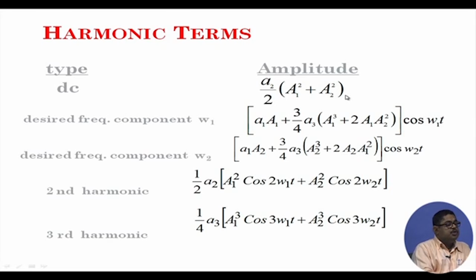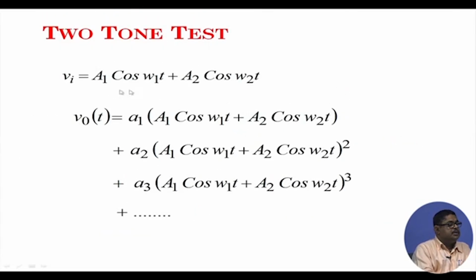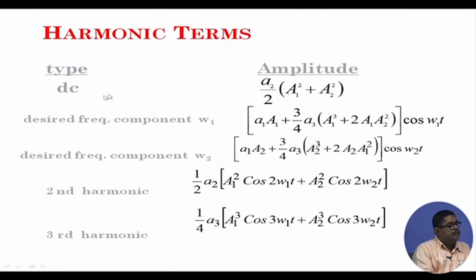In the input there was no DC component, but with the nonlinearity this DC has come. Then the desired component omega 1 is this, omega 2's component is this, the second harmonic 2 omega 1 is this, then the third harmonic is this, etc.